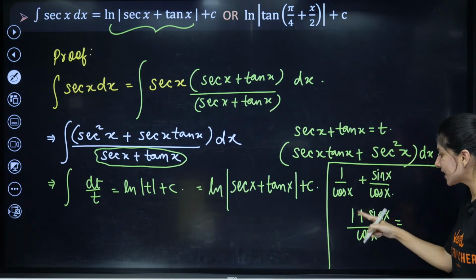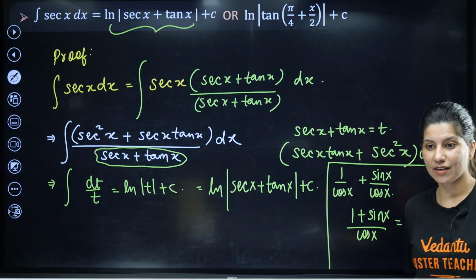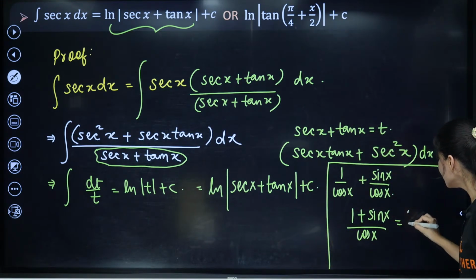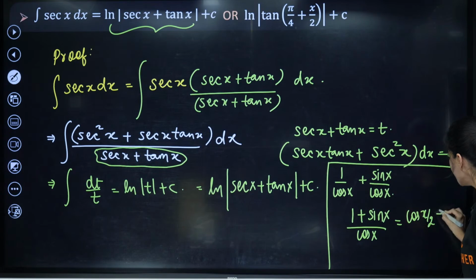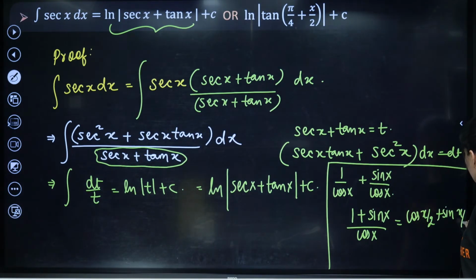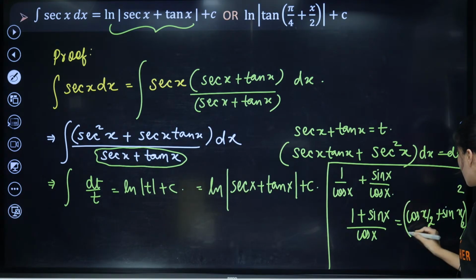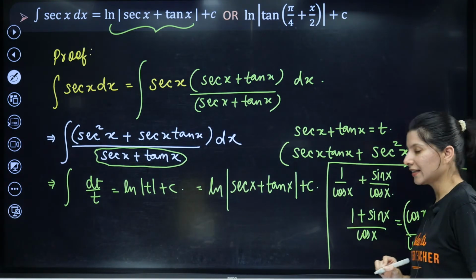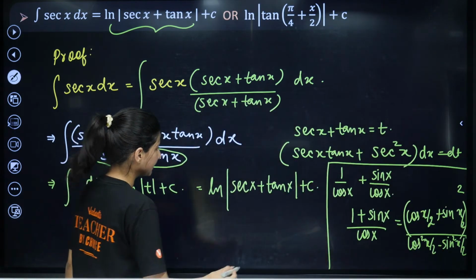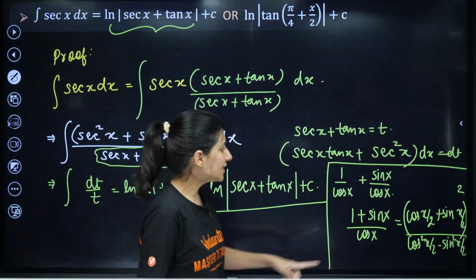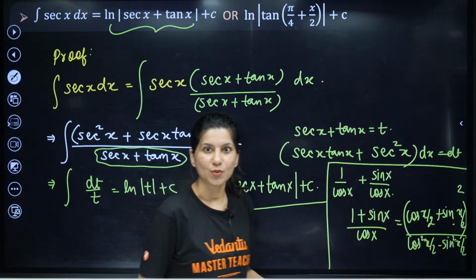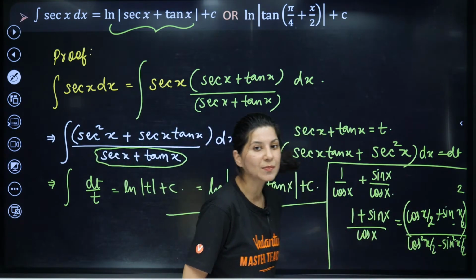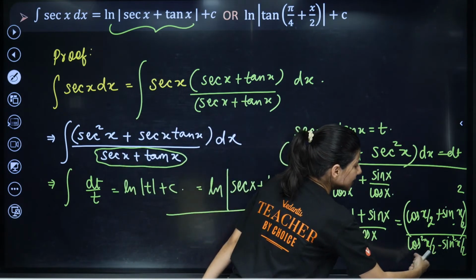Now 1 plus sin x can be written as cos x by 2 plus sin x by 2 whole square, upon cos x, which can be written as cos square x by 2 minus sin square x by 2. The denominator is a square minus b square, so it is a plus b, a minus b.